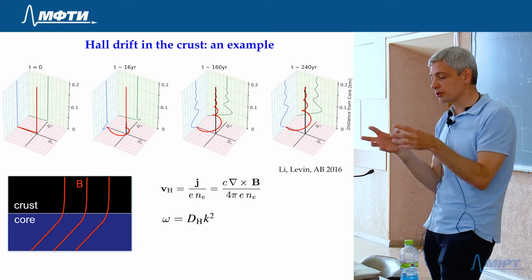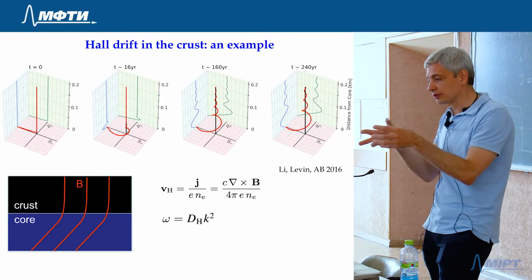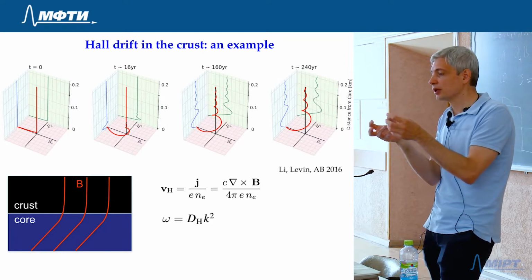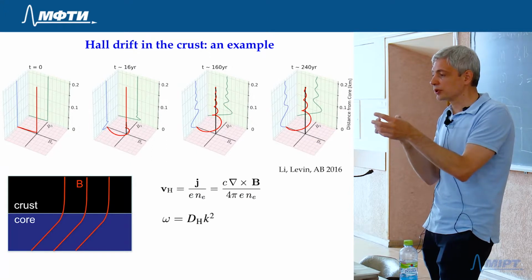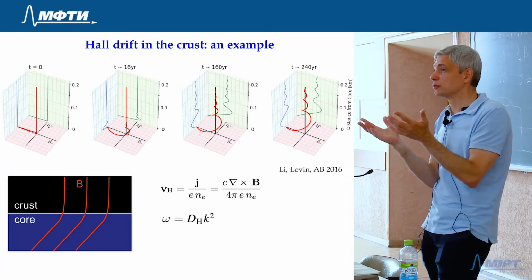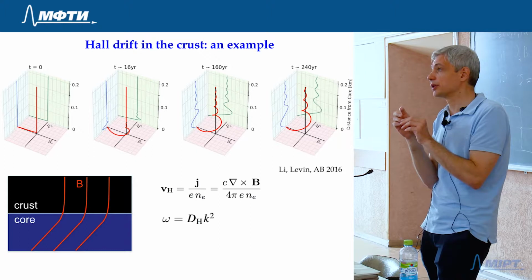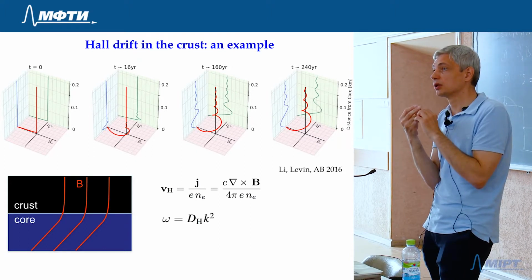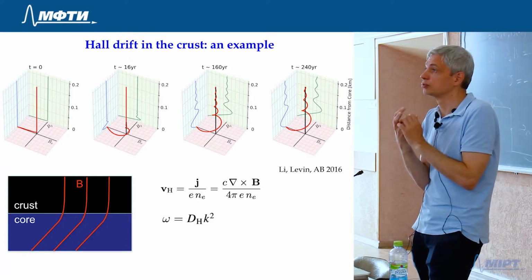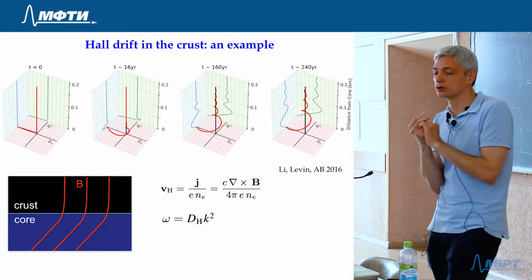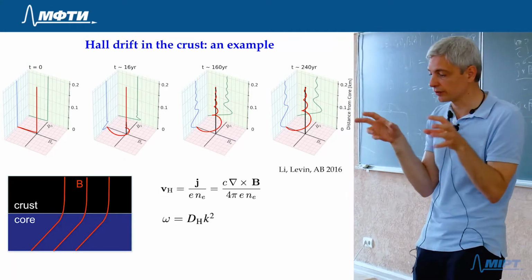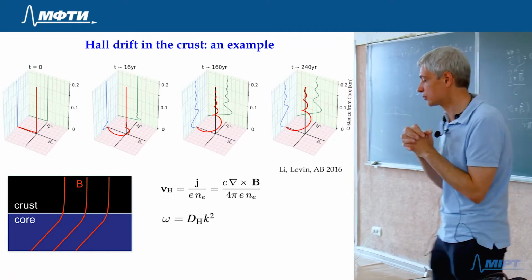So this stress has to be offset. Basically, this stress is applied to the rigid lattice, and you deform it elastically. If this deformation is too big, the crust will yield, and it will begin to move. That's what's happening with magnetars. The crusts are actually not static. We know that they move. I showed you the evidence for the evolving external magnetic field that is attached to the crust.